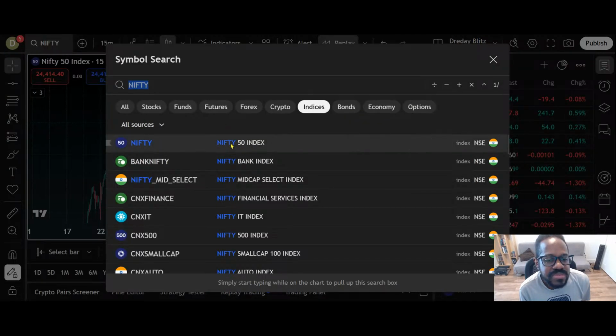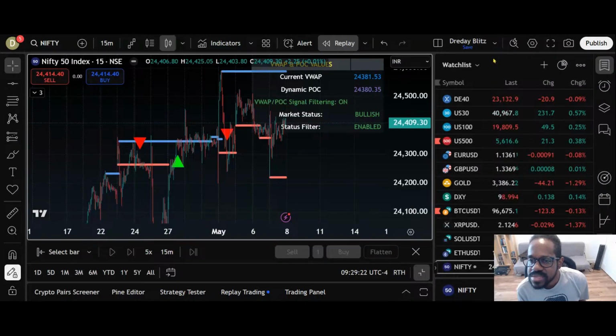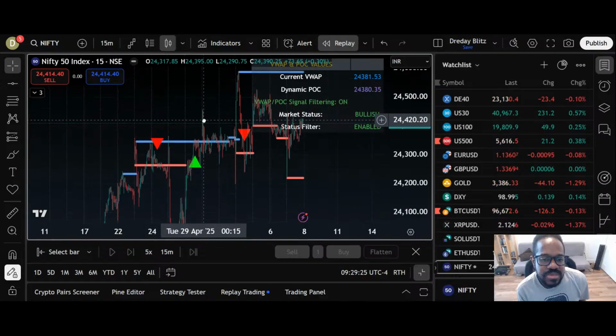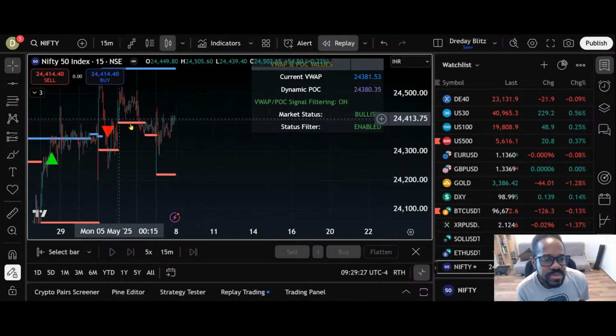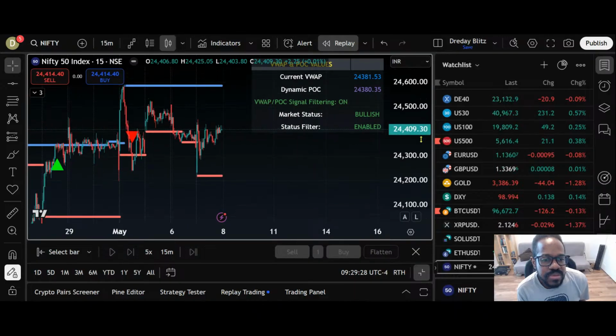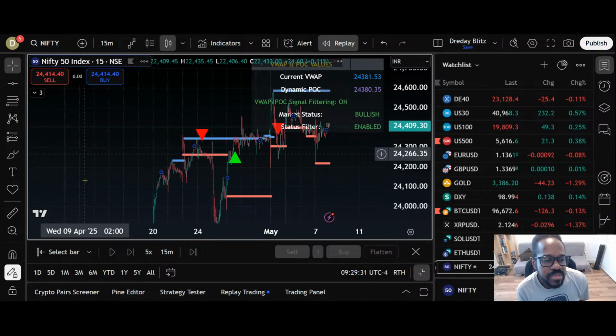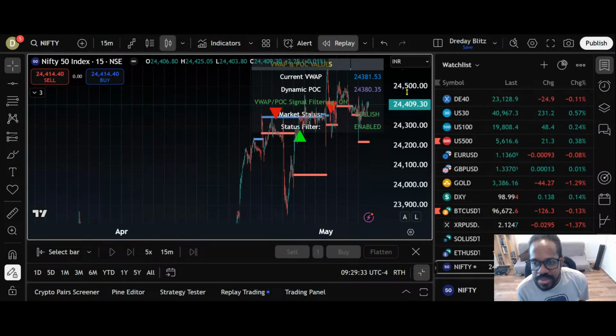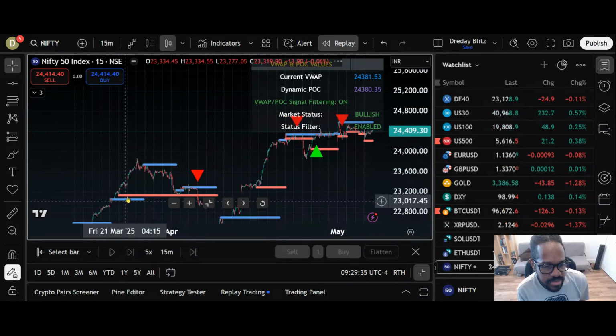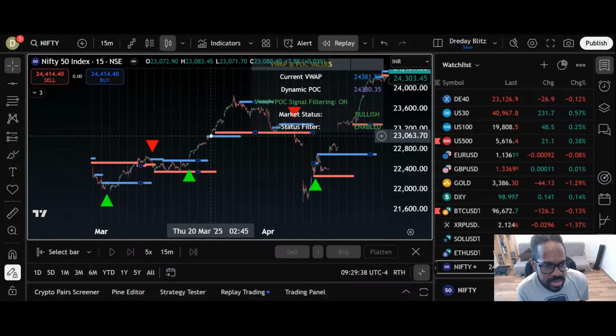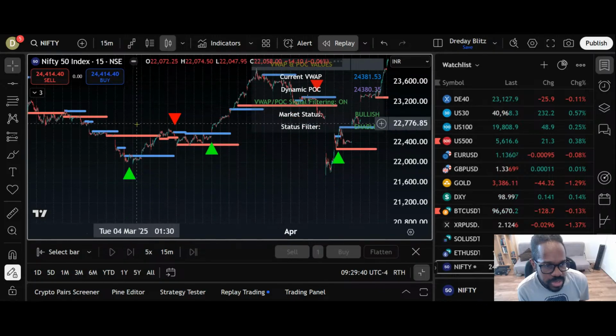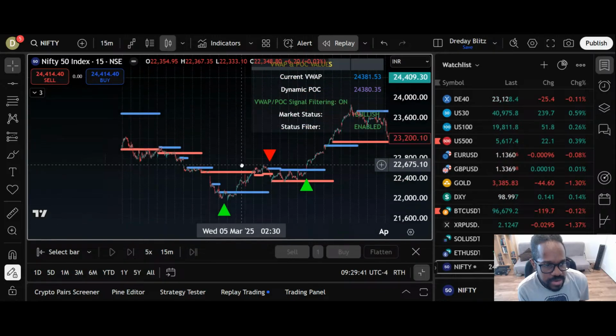So this one. This is based off of the NSC index. So it's really the first time that I'm seeing this one. Never traded it at all, but it's moving really smoothly, and it's following the logic of the indicator.